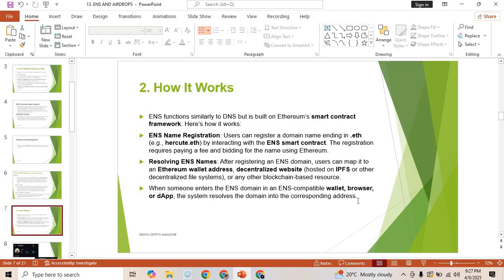In short, once you have bought that domain, you need to map it to a wallet address so that every time someone uses that name, for example wanjikokaranja.eth, the blockchain can relate wanjikokaranja.eth to the address that was mapped to that ENS name.